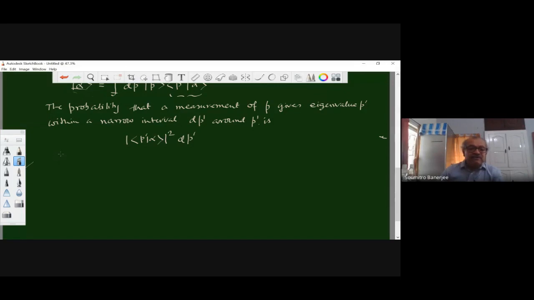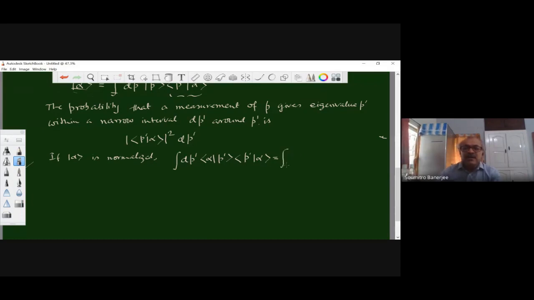And then if the alpha vector is normalized, then this quantity, integral dp prime of the inner product of alpha with p prime times the inner product of p prime with alpha, we know this, and we know that this is its conjugate.